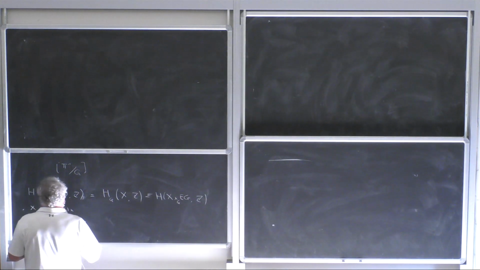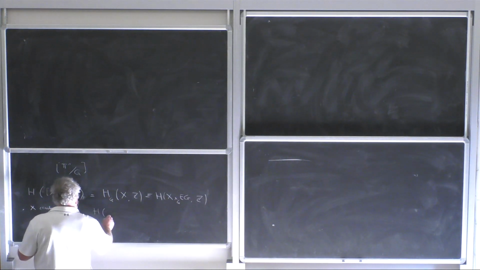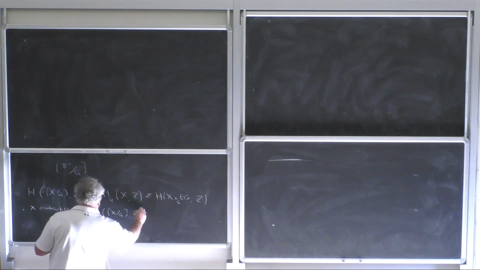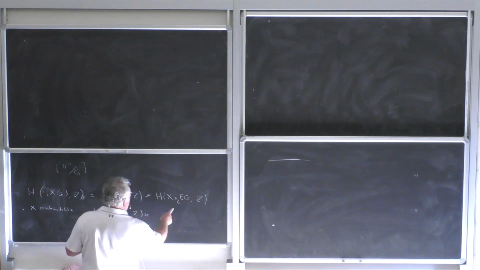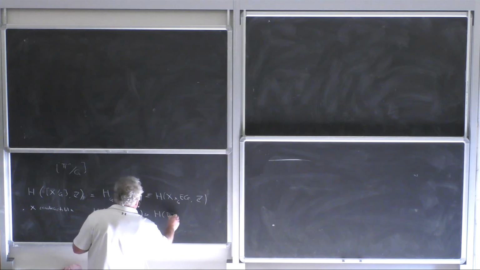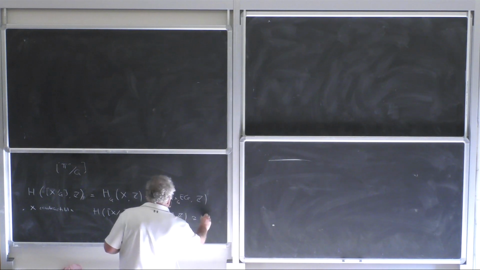So if X is contractible, then this cohomology is just isomorphic to, well, you can just get EG over G, which is the classifying space BG, so then it's just the cohomology of BG, which is one of the definitions of group cohomology.